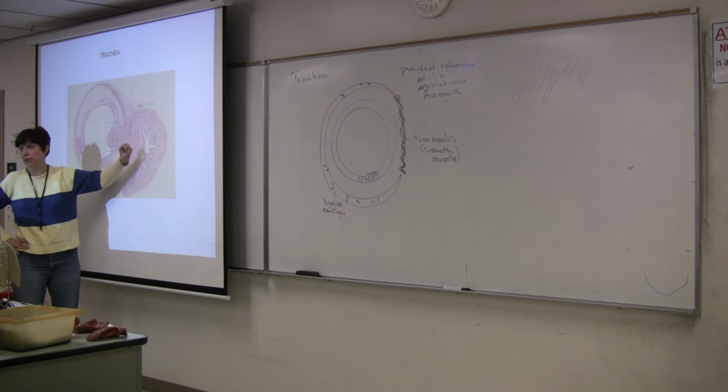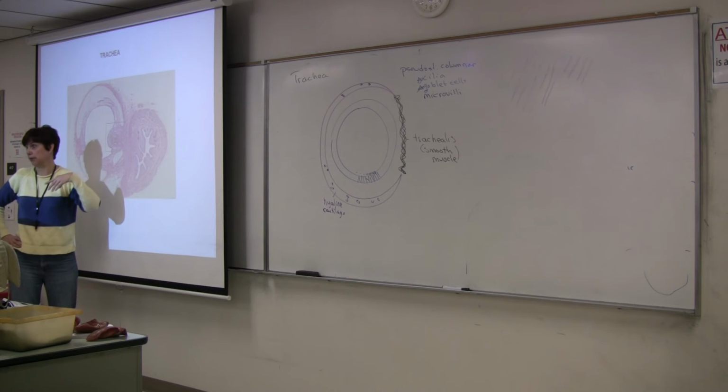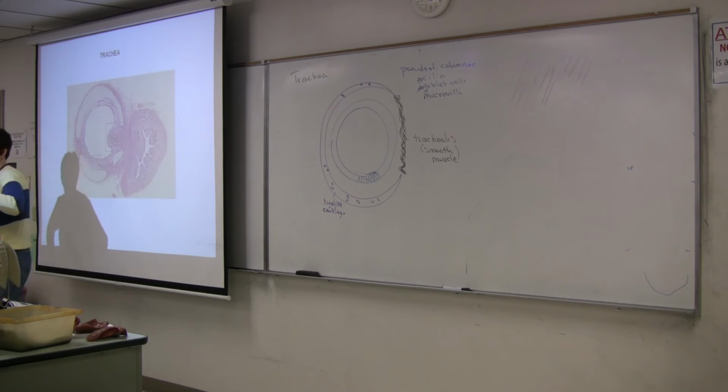If you swallow one of those horse pills, or you don't chew your food and a big bolus of food goes down, it would feel difficult to swallow if we had that hard cartilage there all the time. All right, let's go back and look at that image of the trachea.